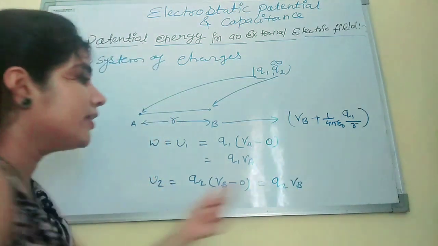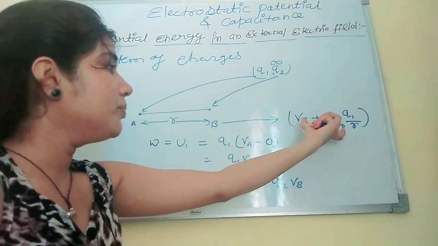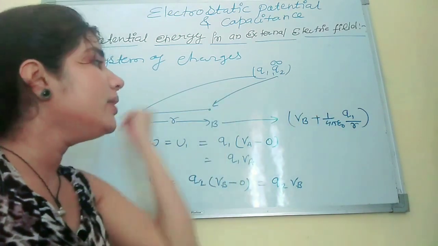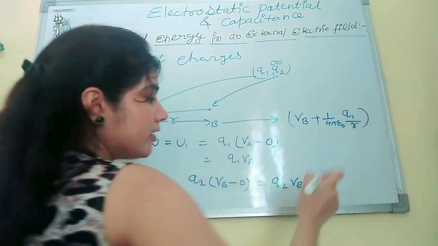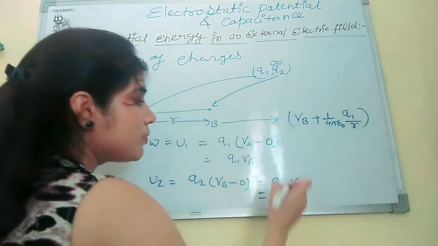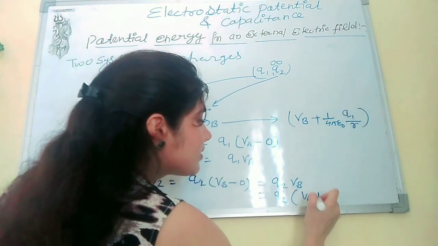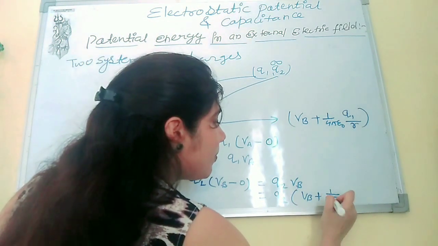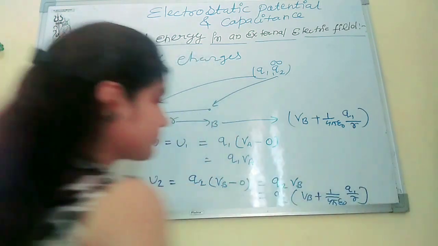Now we put the combined potential at point B, that is VB plus 1 by 4 pi epsilon naught Q1 upon R. So that is Q2 times VB plus 1 by 4 pi epsilon naught Q1 upon R.